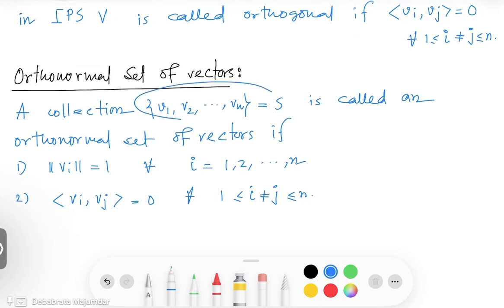I mean, first of all this set is an orthogonal set of vectors and the norm of every vector is equal to 1. What is the meaning of the norm of a vector? What is the actual meaning of norm?